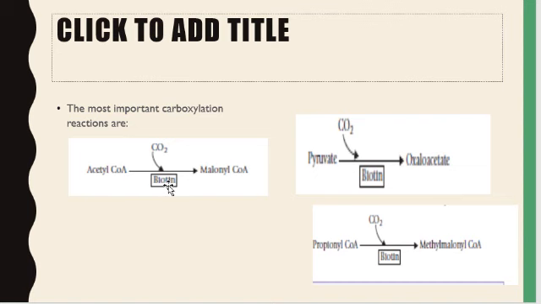Here biotin acts as a coenzyme, as in the conversion of pyruvate to oxaloacetate with the help of the enzyme pyruvate carboxylase, and the conversion of propionyl-CoA to methylmalonyl-CoA with the help of the enzyme propionyl-CoA carboxylase. These are the important reactions in which biotin acts as a coenzyme.